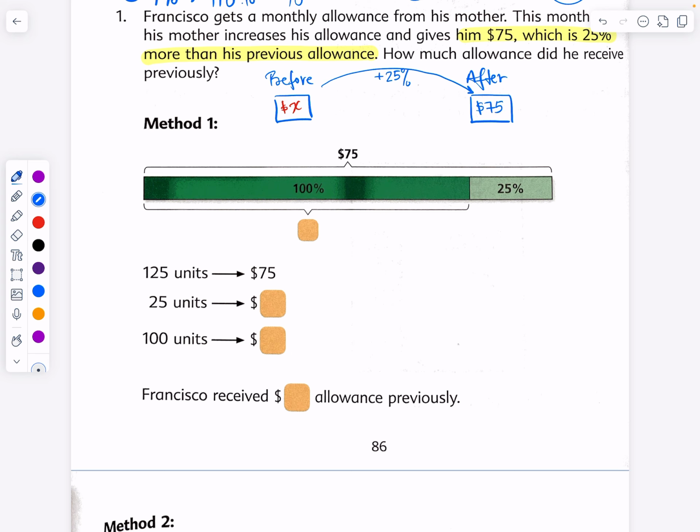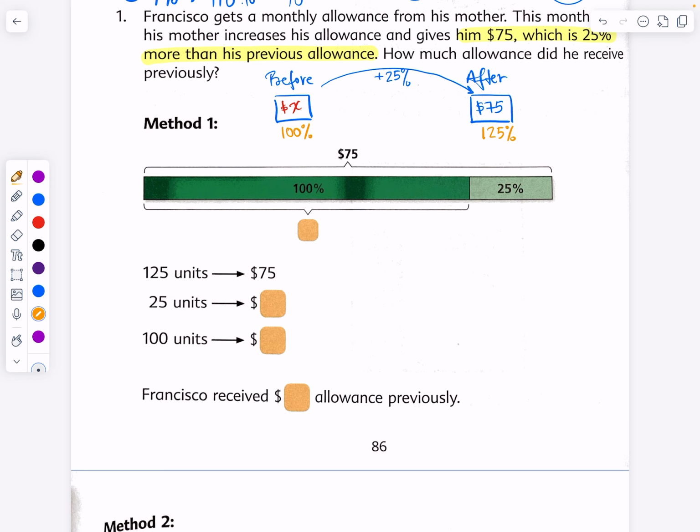So what is given? We know that $75 after the 25% increase is actually 125%, when before his original allowance was the benchmark. Typically the benchmark is 100%.